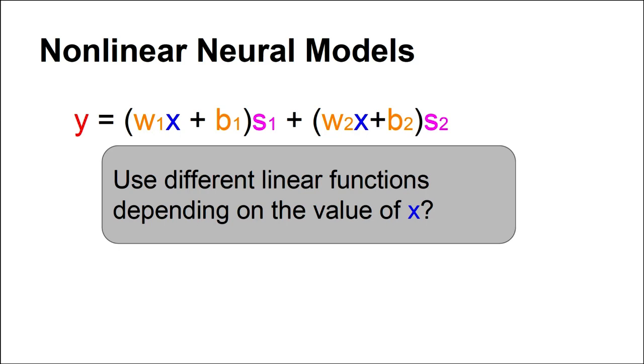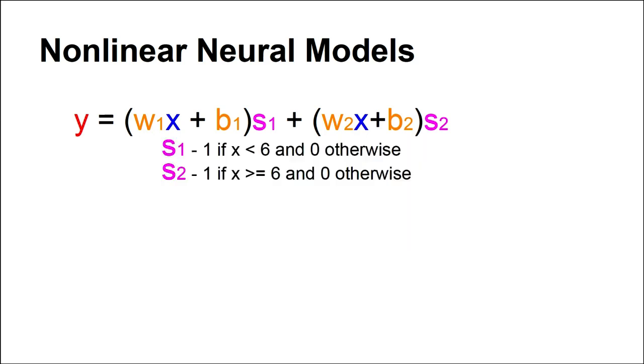And there are some binary values like s1 and s2. We want s1 to become 1 if x is inferior to 6, so it will activate the function that grows up. And we want s2 to be 1 if x is superior to 6, so that it stays constant.